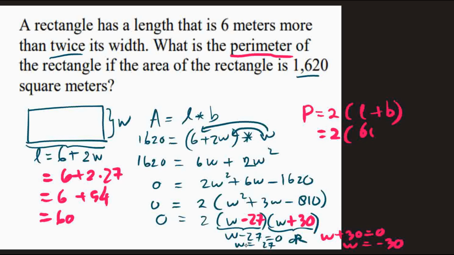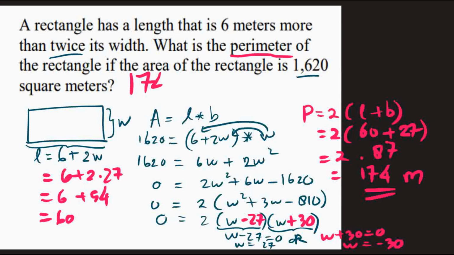Now 60 plus 27, so it's equal to 2 times 87, and it's equal to 174. 174 meters. That is our answer.